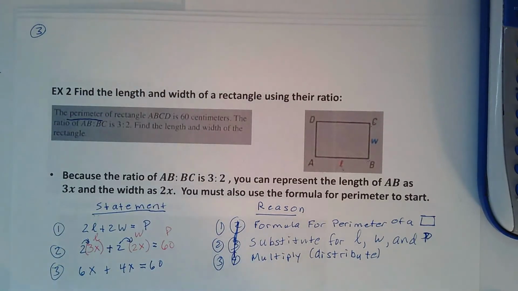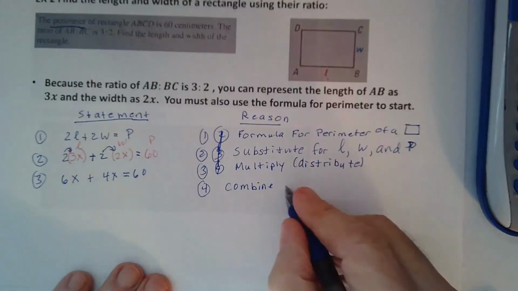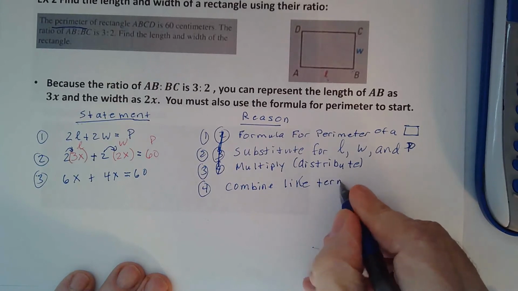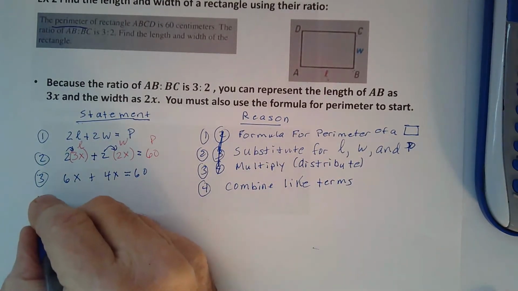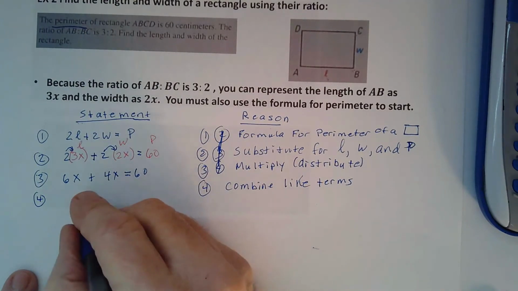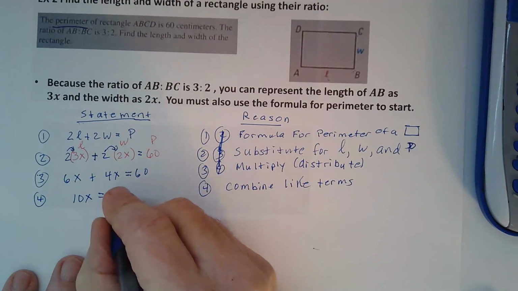All right? So now we're going to combine like terms. Let's move this up so you can see it. Like terms. So we know we have 4x's and 6x's here, so we can add those together. They're now 10x's equals 60.